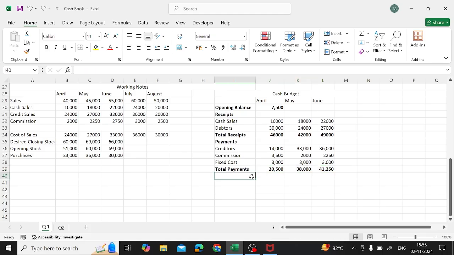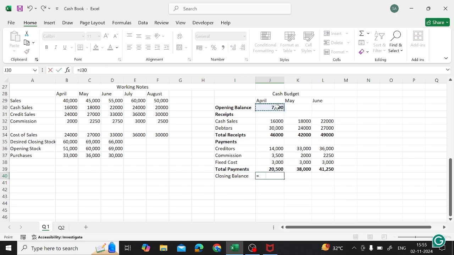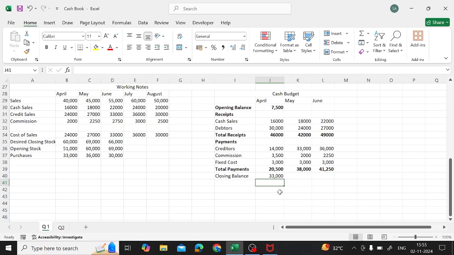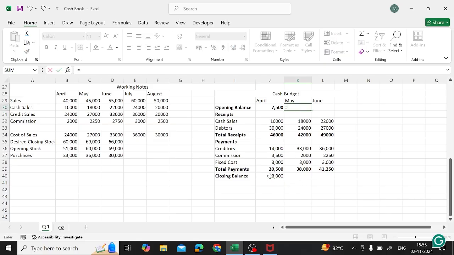Now from there you can find out the closing balance of cash. It is equal to opening plus receipts minus total payments. So it's 33,000, and for May it will be the opening balance.